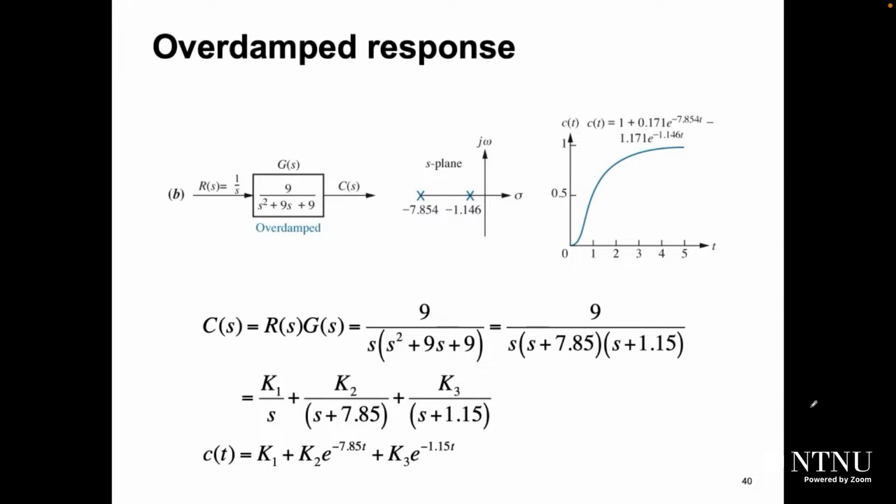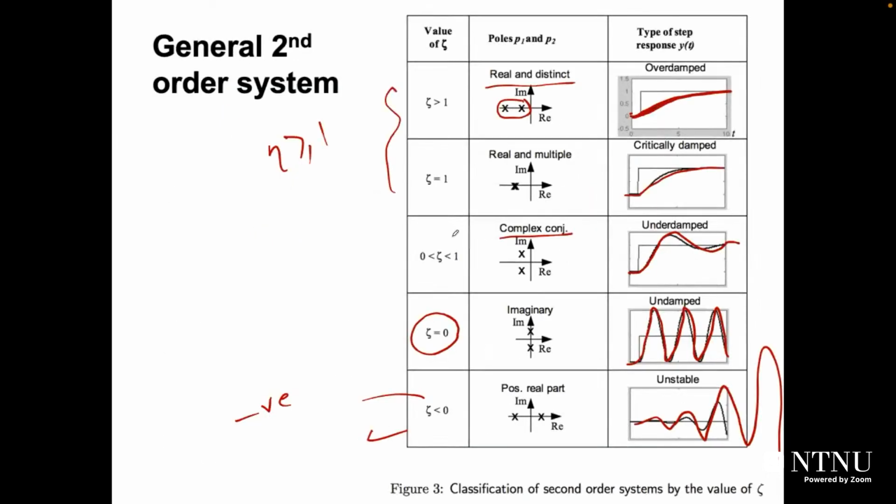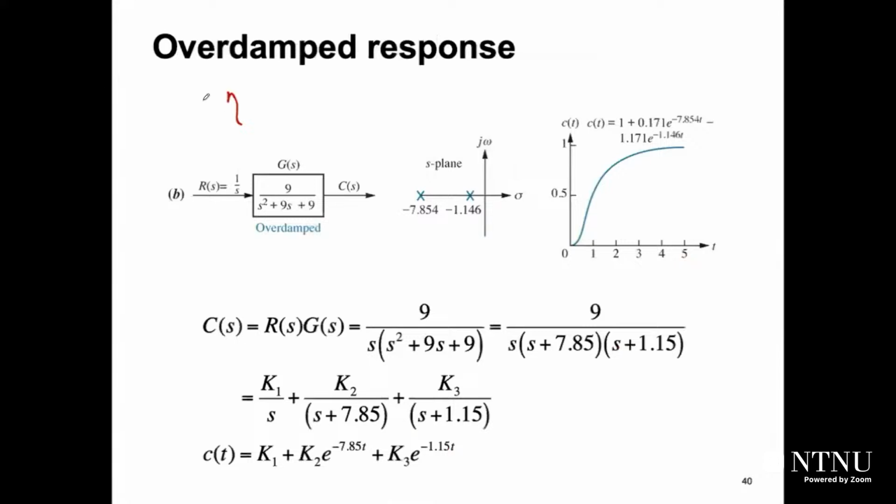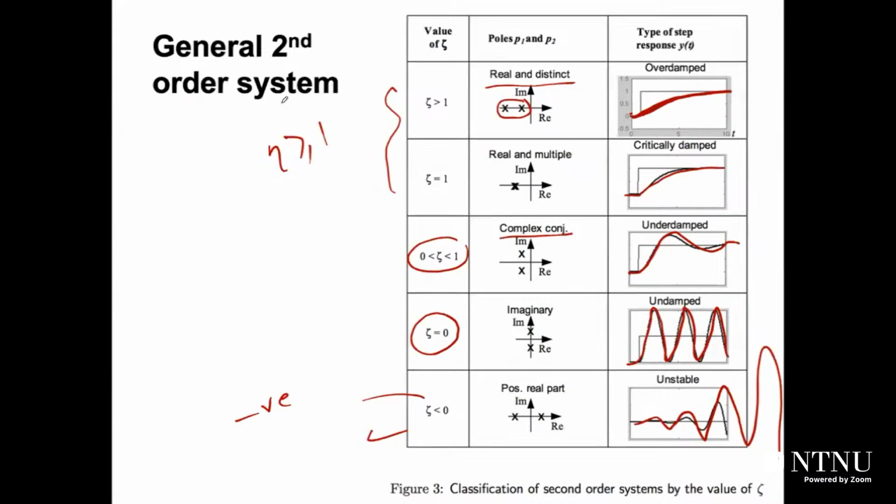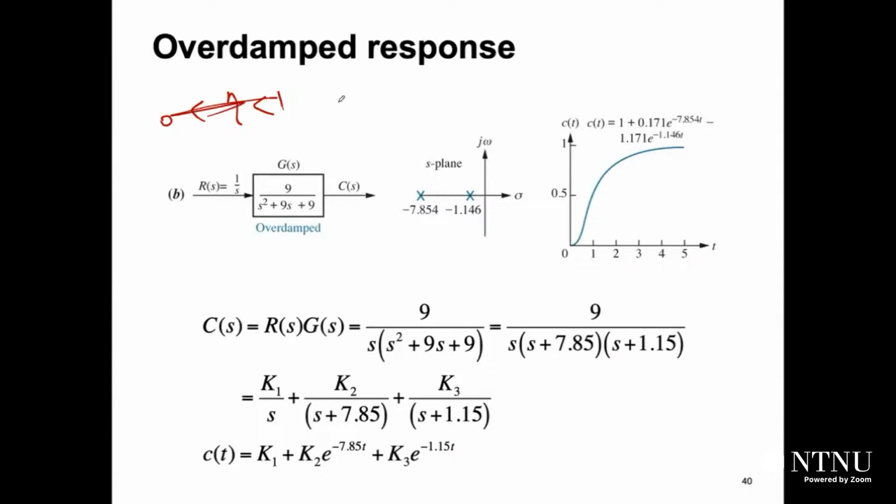When it is overdamped, zeta will be greater than 1. Sorry, I said greater than 0 and less than 1, but when zeta is greater than 1, my system will be overdamped.